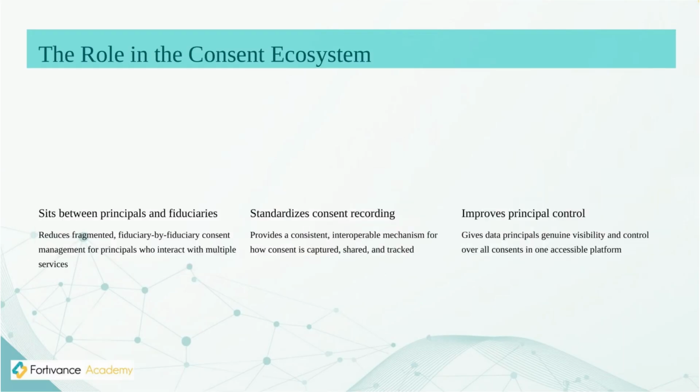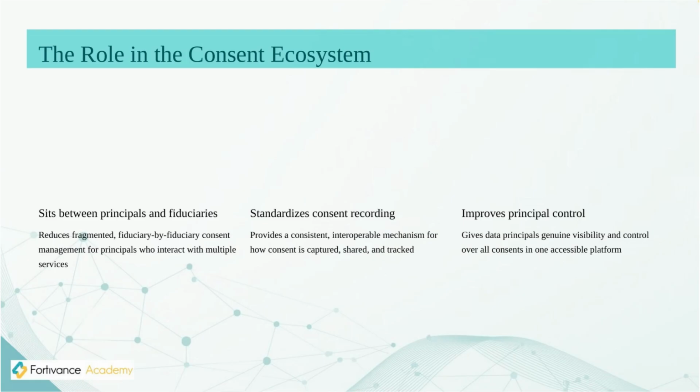Now that you know what a consent manager is, let's see where it sits in the bigger picture, because its position is what makes it powerful. Picture the consent ecosystem as a triangle. At one corner, you have the data principal, the individual. At another, the data fiduciary, the organization wanting to process data. And the consent manager sits in the middle, connecting them.